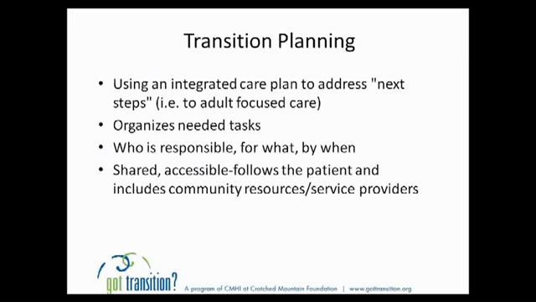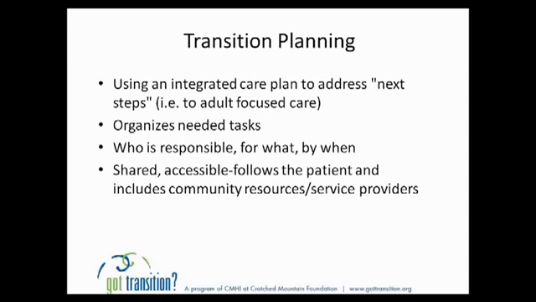So in terms of planning, this is really a care plan. If there's any nurses on the call, they're probably very good at this. But basically using an integrated care plan to address what the next steps are. And this is the organization part. Who's responsible for what, and what timeline are we trying to accomplish our goals? It should be shared and accessible.